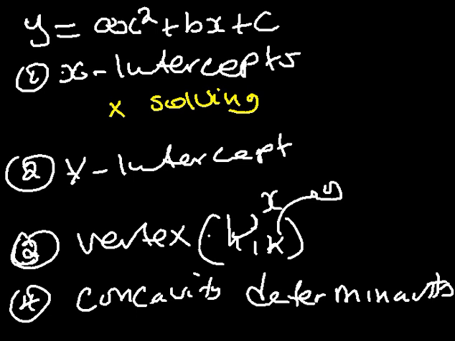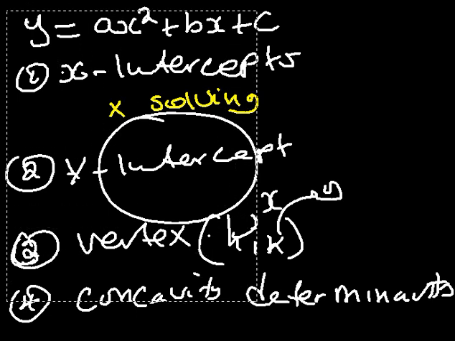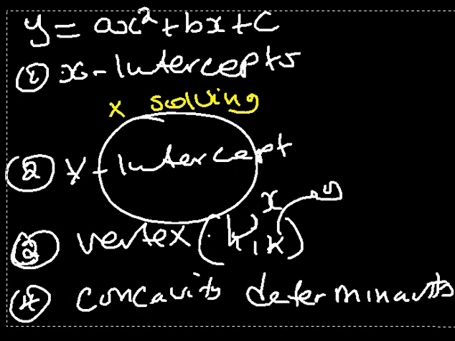Basically, the value of a determines this. If the value of a is negative, the graph will be concave downwards. Likewise, if the value of a is positive, the graph will be concave upwards. So those are some of the things you should understand whenever we are sketching the graphs of quadratic functions.